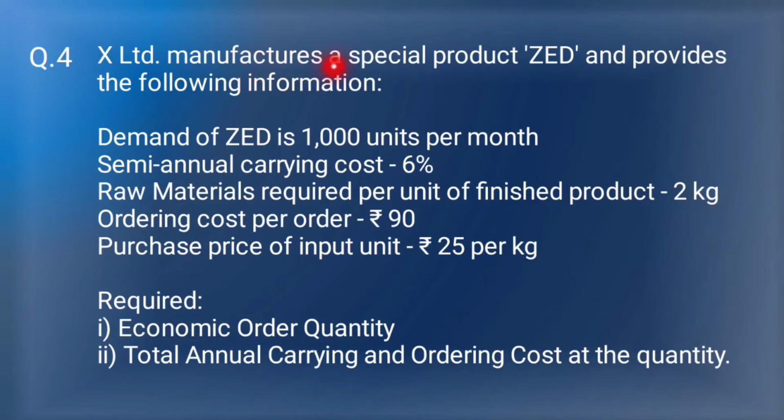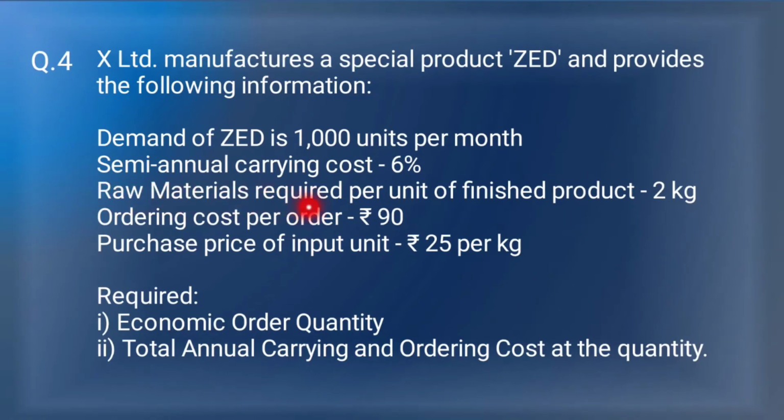X Limited manufactures a special product ZED and provides the following information. Demand of ZED is 1000 units per month. Semi-annual carrying cost is 6%. Raw materials required per unit of finished product is 2 kg.